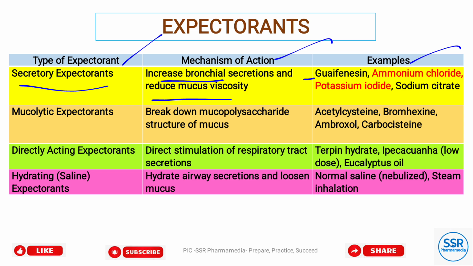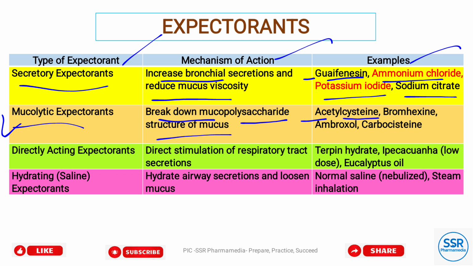Examples are guaifenesin, ammonium chloride, potassium iodide and sodium citrate. The second type is the mucolytic expectorant. Its mechanism is breaking down the mucopolysaccharide structure of mucus.